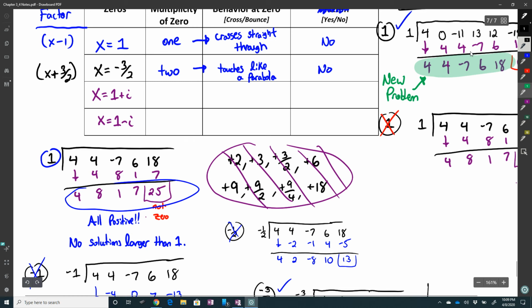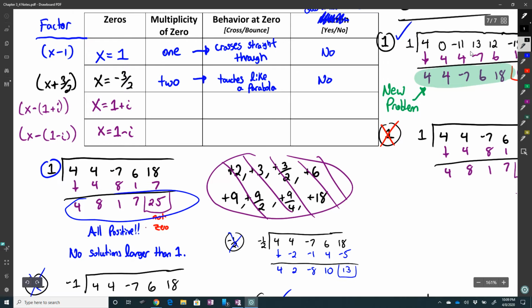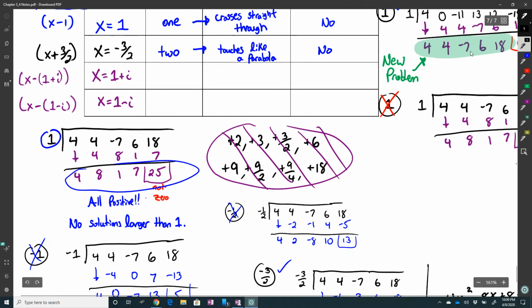So we have x minus (1 plus i), x minus (1 minus i). Oh, almost forgot. Since the negative 3 halves happens twice, the factor would be squared because there's two of them.